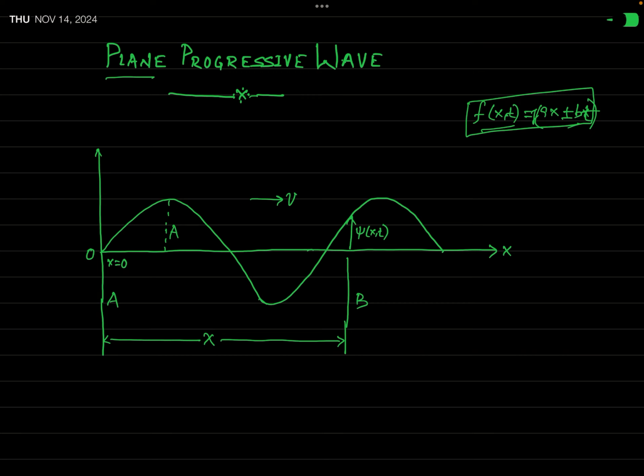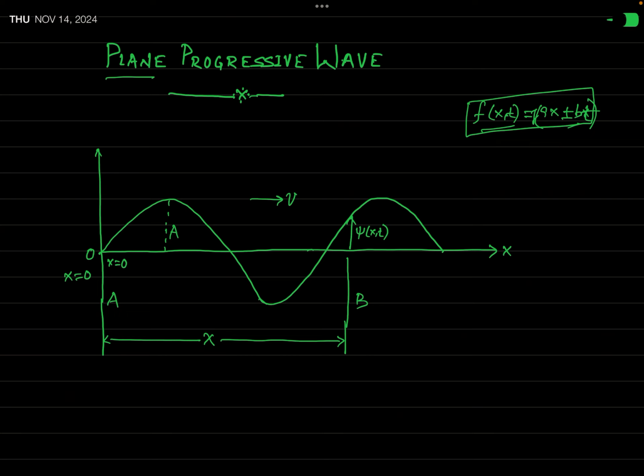So now let us consider that our medium is one-dimensional, and here at this point O, which is x equal to 0, we disturb the particles of the medium lying at x equal to 0. Okay? And what is our manner?